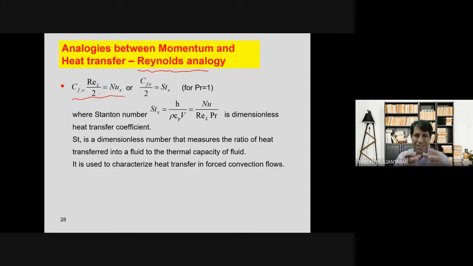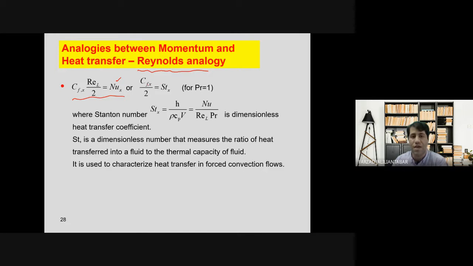Friction is a property of the surface and the fluid, but here it is related to the Nusselt number. Nusselt number is a value related mainly to the energy. So like this, if you have energy, you can find the force, you can find the friction. And if you have the friction information and Reynolds number, you can find the Nusselt number, and then you can find other properties for the heat transfer. Later we will see this in the example.